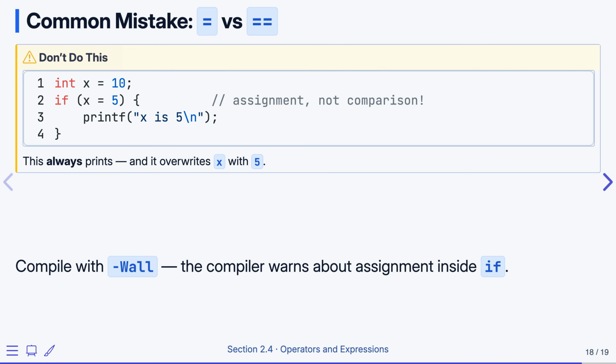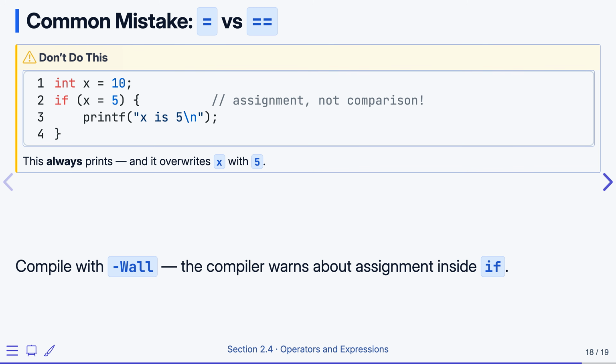Here is one of the most common bugs in all of C. A single equals sign is assignment. A double equals sign is comparison. Look at the buggy code. Inside the if, we wrote x = 5 with one equals sign. That is an assignment. It stores 5 into x and it returns the value 5. Because 5 is non-zero, C treats it as true, so the if body always runs.